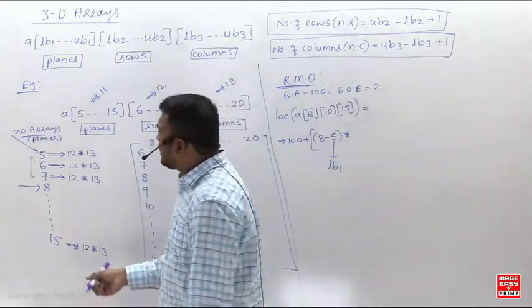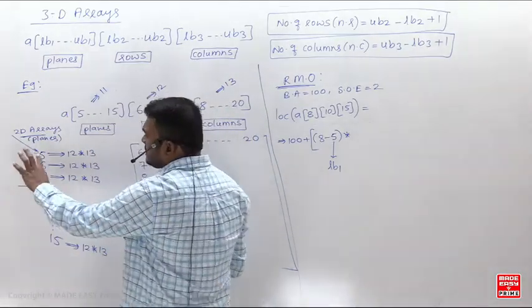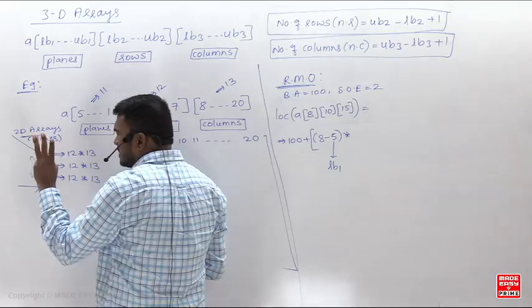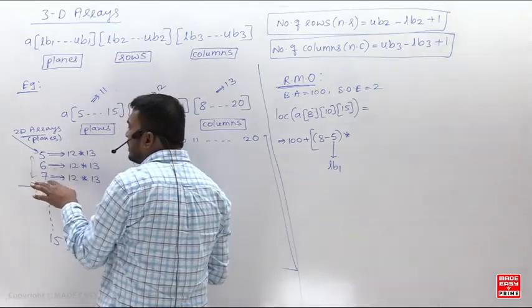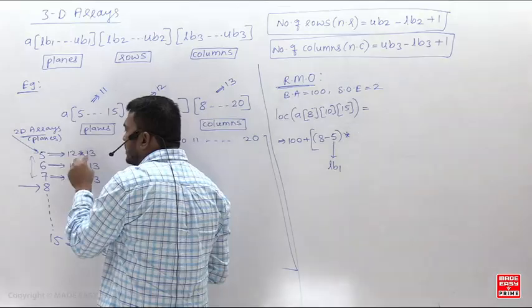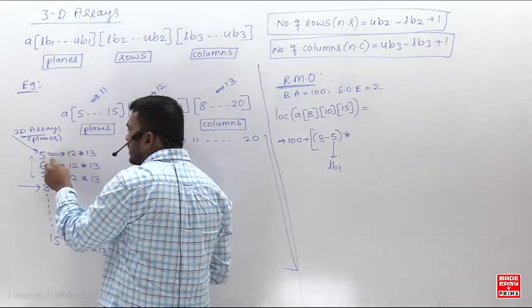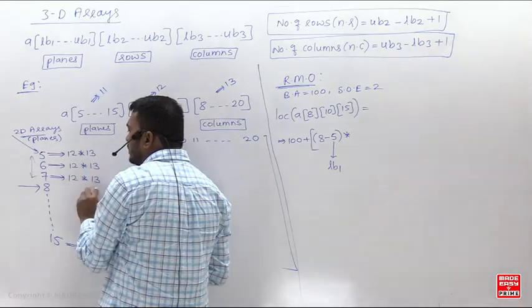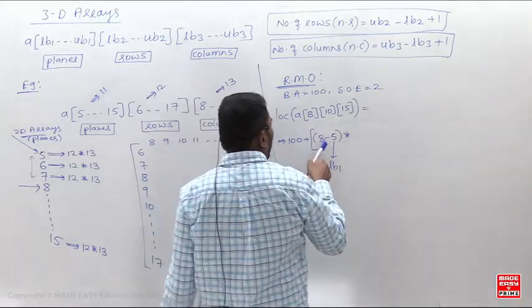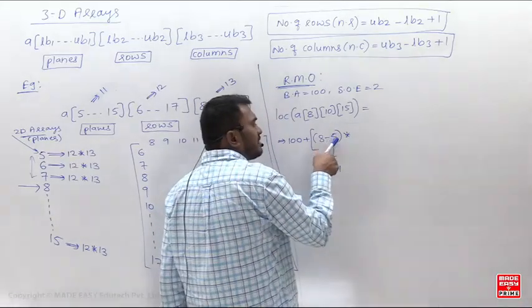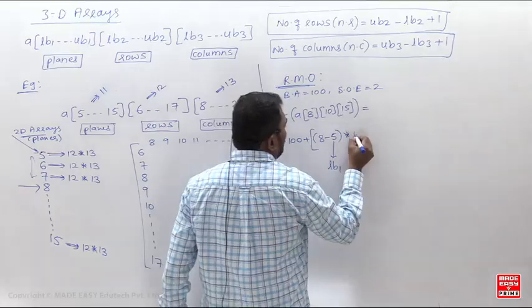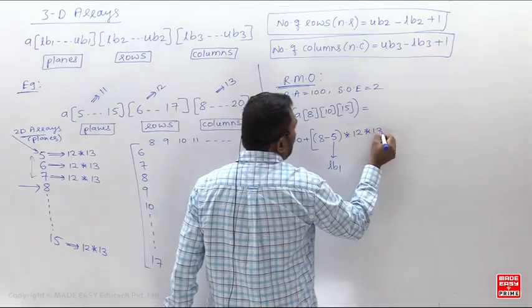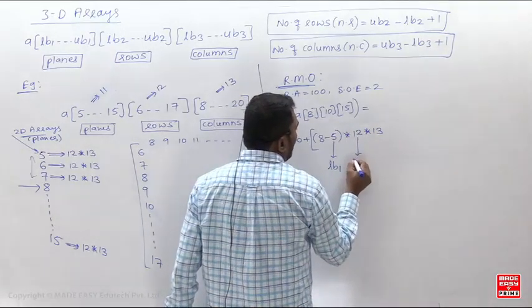Every 2D array, in these 3 2D arrays, how many elements are there? Every 2D array has 12 into 13 elements. So the 8th 2D array means 8 minus 5 arrays to cross, and every 2D array has 12 into 13 elements. So what is this 12 here?